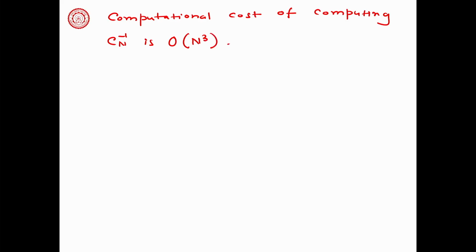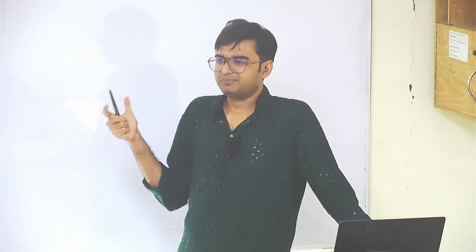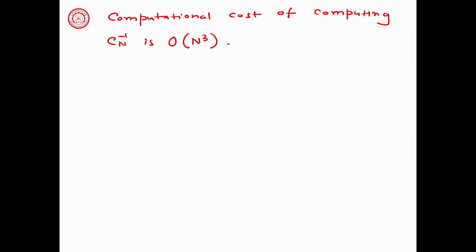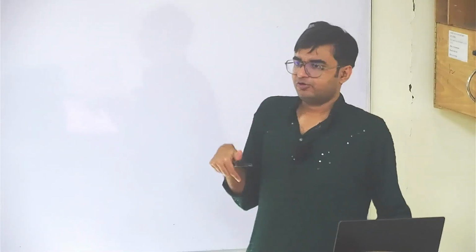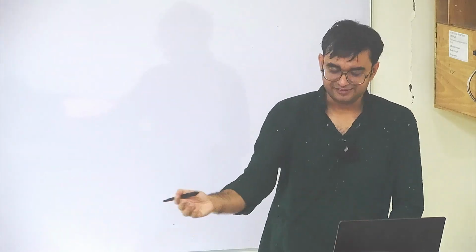Now, to put things into perspective, let us take some values of n. Suppose n is 1 million, which means I have 1 million data points, which is not big data in today's time. In today's time 1 million, 10 lakh, is nothing. So, if n is equal to 1 million, and one single modern CPU tries to invert that 1 million cross 1 million matrix, it will take 2 years, okay. Actually 2.9 years, 3 years.